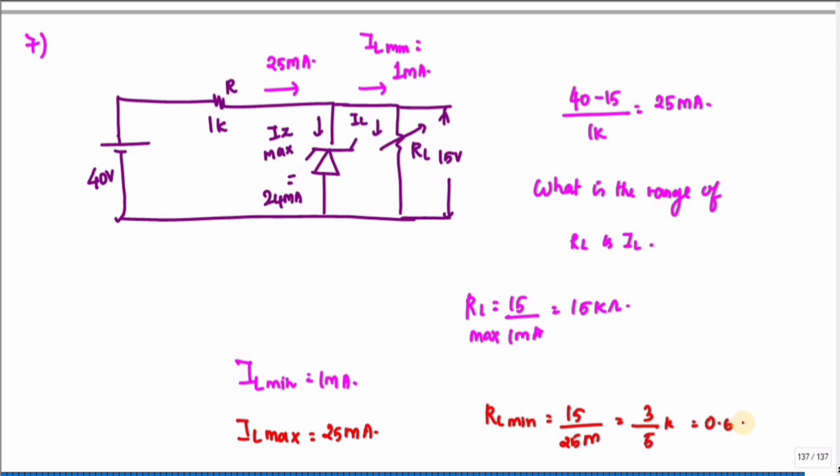So 15 divided by 25 milliamps, it becomes 3 divided by 5K, that is nothing but 0.6K, that is 600 ohm. So we know that RL ranges from 600 to 15 kilo, when IL ranges from 1 milliamps to 25 milliamps.